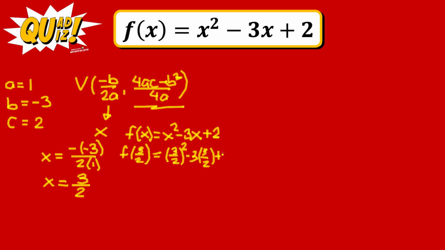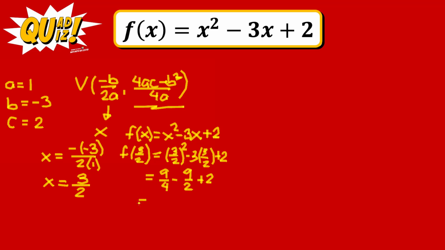Again, you just need to review your fractions and you don't need to worry about this. The square of 3 halves is 9/4 minus 3 times 3 is 9 halves plus 2.